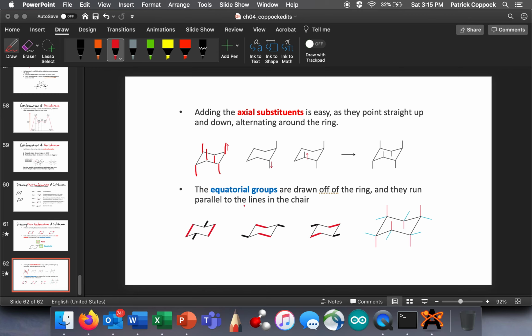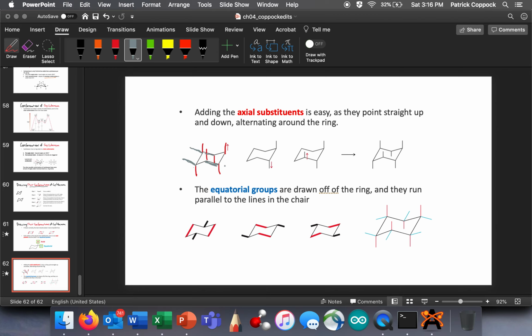Now, when we draw the equatorial groups, they go out, but they're also still parallel to these other lines. So watch this. Let me go with blue or gray. Can you see I've got my gray line right here? So my equatorial is going to be parallel with that.